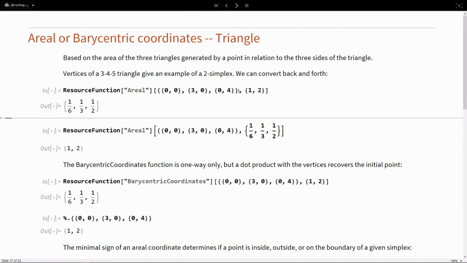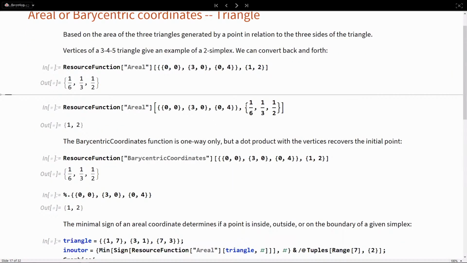If we take this triangle and we add this point, we generate 3 triangles, and the relative areas are 1/6, 1/3, and 1/2, and those sum up to 1. If we take those barycentric coordinates and use the original triangle, we get the original point back.